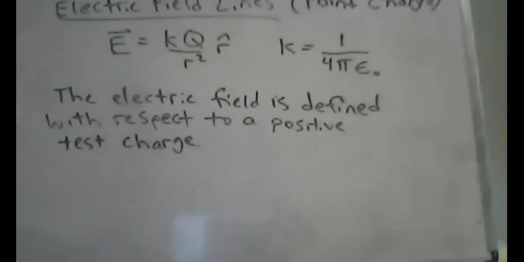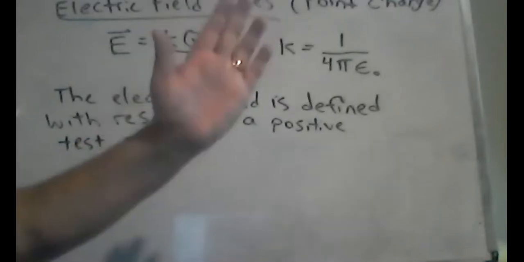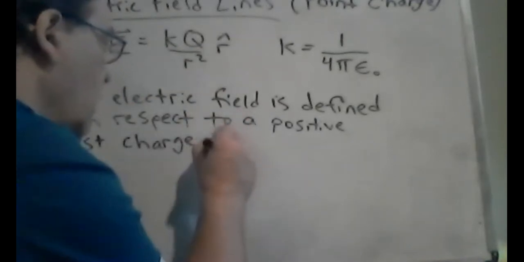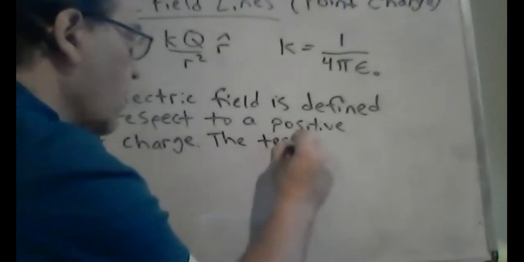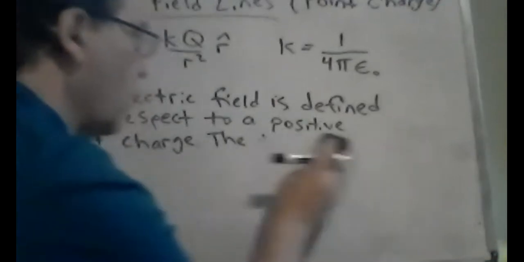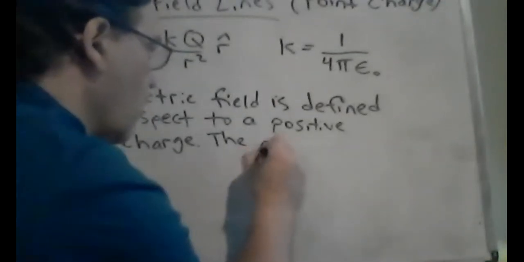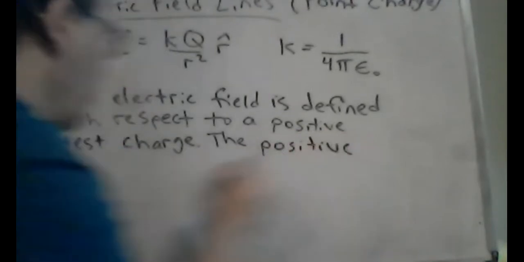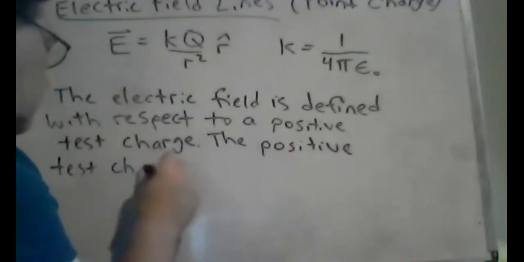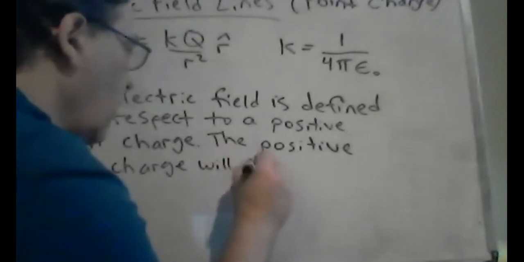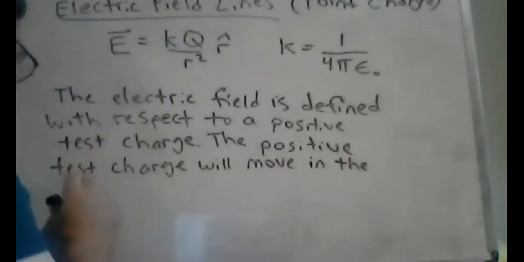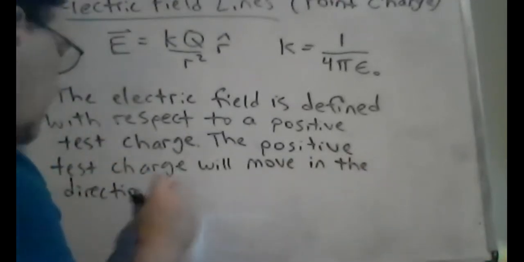Well, the idea is the electric field is going to push it out. The positive test charge will move in the direction of the electric field.